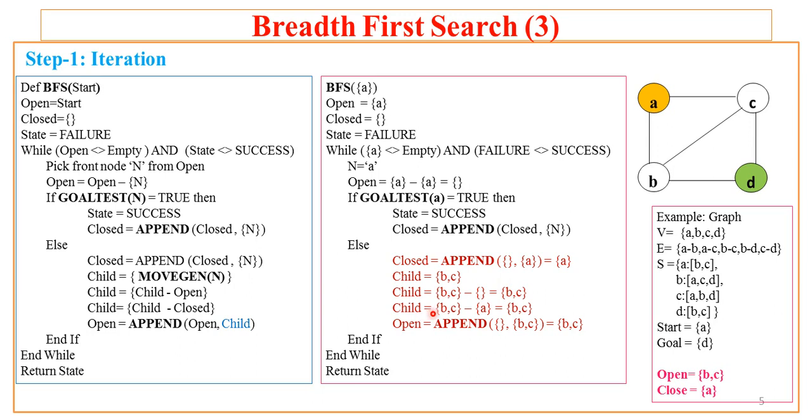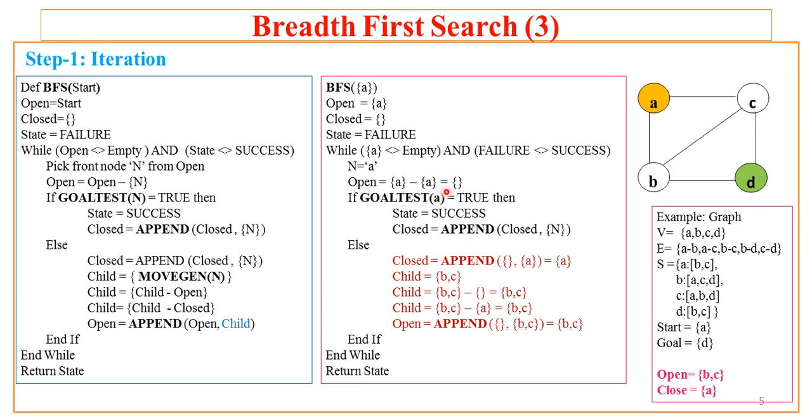Now it also tries to remove whatever is in the closed. There is only one node in the closed, that is A, and that is removed from the child. As A is not present in the child, the child will be B and C. So the final child elements will be B and C, and these are appended to the end of the open.